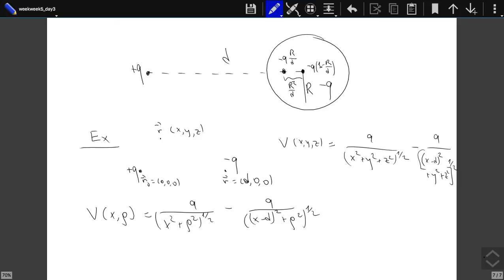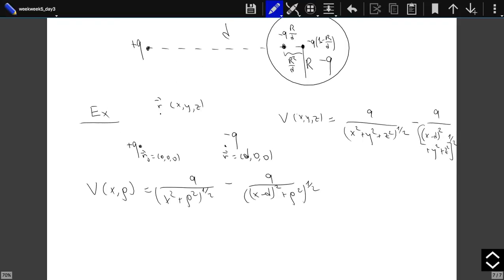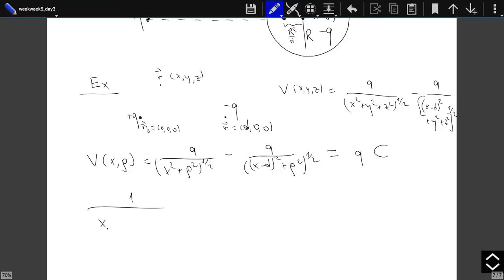Now let us find the equipotential surfaces. This should be equal to, let's say, q times some constant. That constant will tell me what is the potential of my equipotential surfaces. I don't want to write these q's all around, so that's why I define that constant as q times c. So 1 over the square root of x squared plus rho squared should be equal to c plus 1 over the square root of (x minus d) squared plus rho squared.